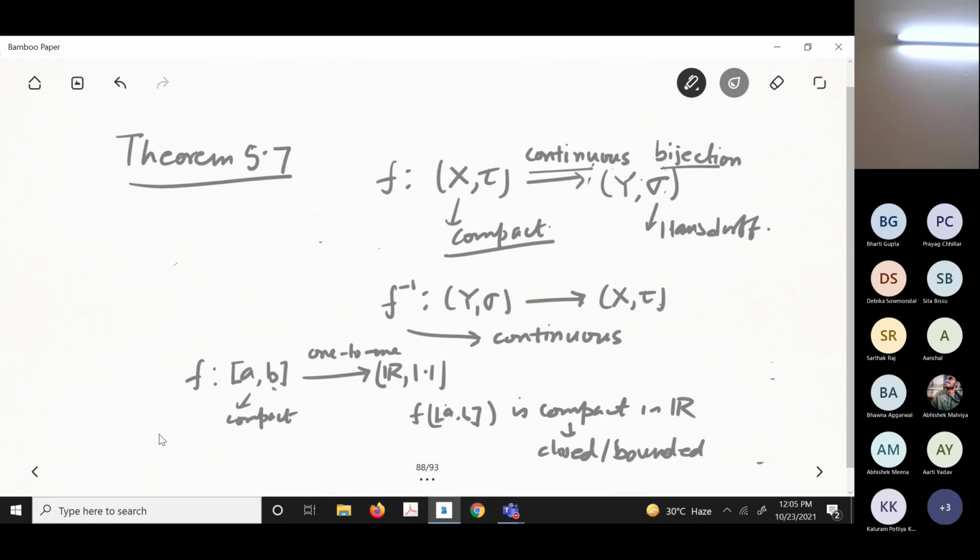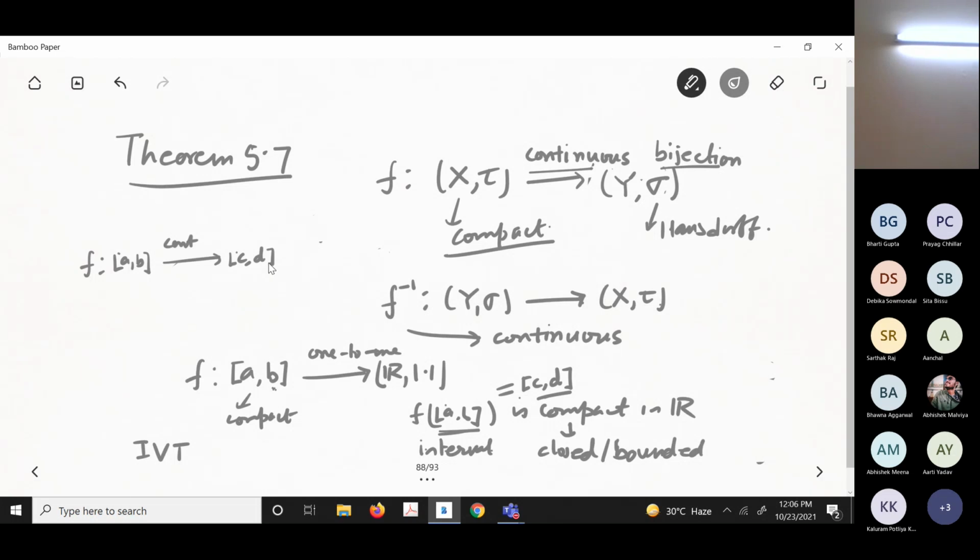By the intermediate value theorem, this has to be an interval also. That I will do after I teach you a little bit of connectedness. So this has to be an interval of this form, a closed bounded interval. That means if you have a continuous function, you don't need to assume this, its image has to be an interval.